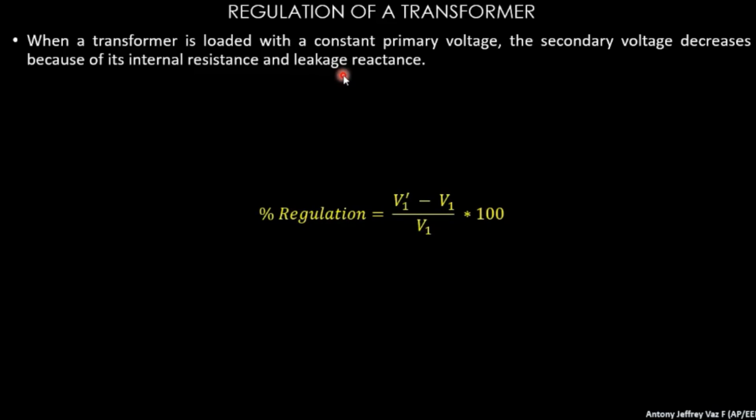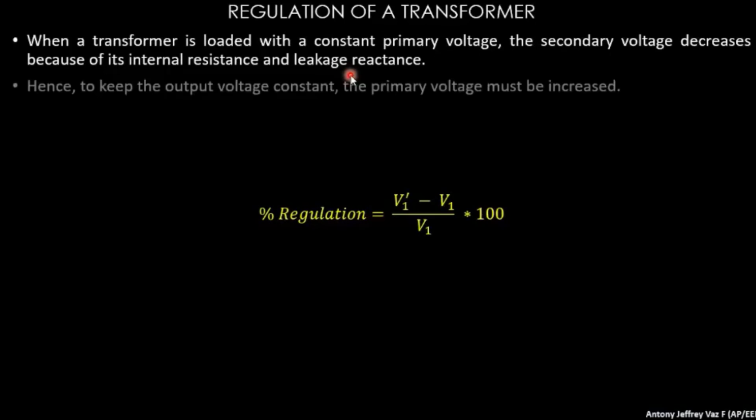This decrease in secondary voltage is due to the losses present in the transformer core in the form of magnetizing loss, winding loss, copper loss, iron loss, core loss, etc. These losses cause some power drop, and so the voltage is dropped in the secondary. Hence, to keep the output voltage constant, the primary voltage must be increased.